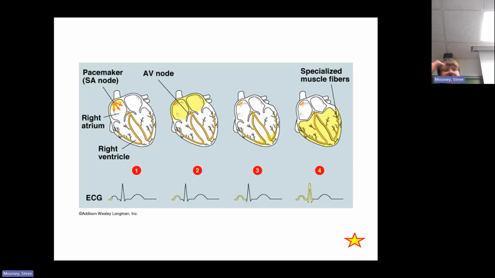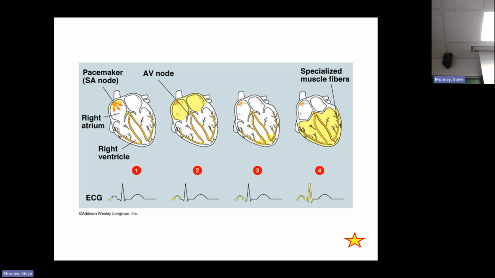So if you're looking at how that works out, you have the SA node sitting up on the right atria. That's going to fire. It's going to spread a signal out across the top of the heart. As that signal goes around, it tells those atria muscle cells to contract.